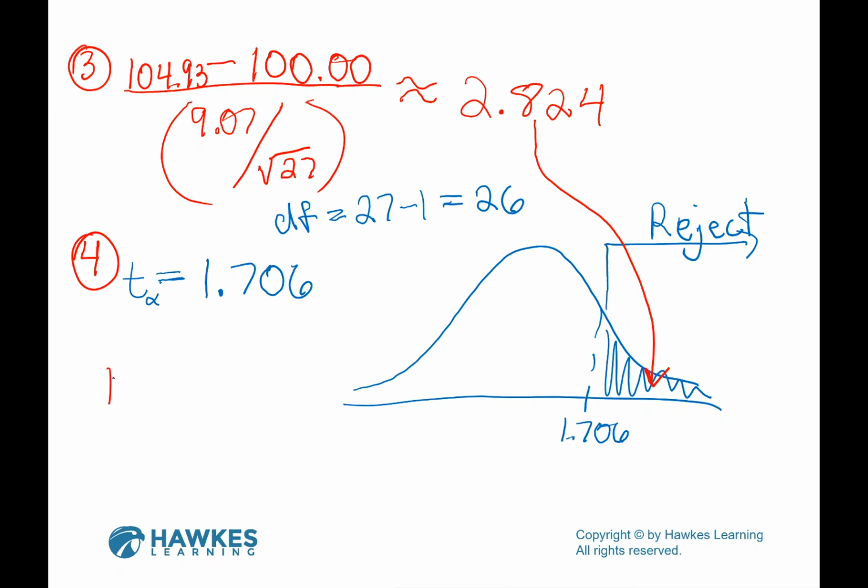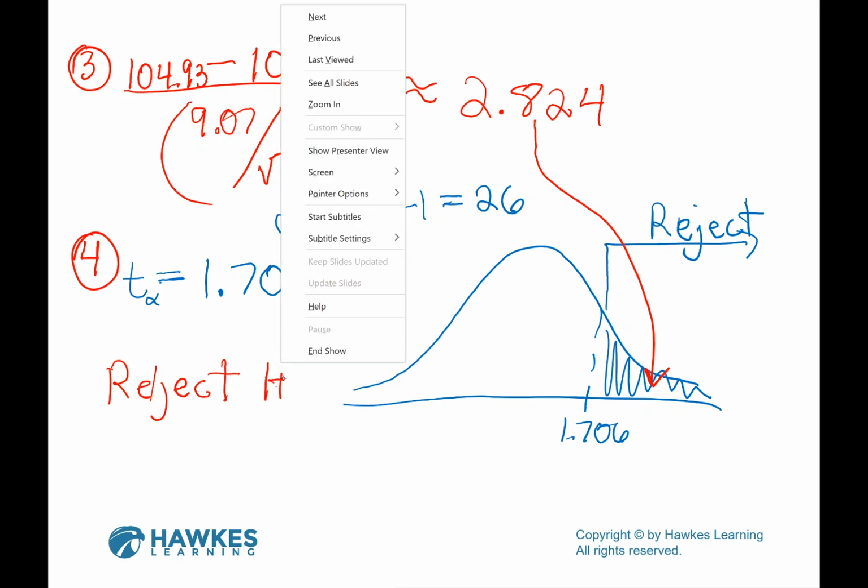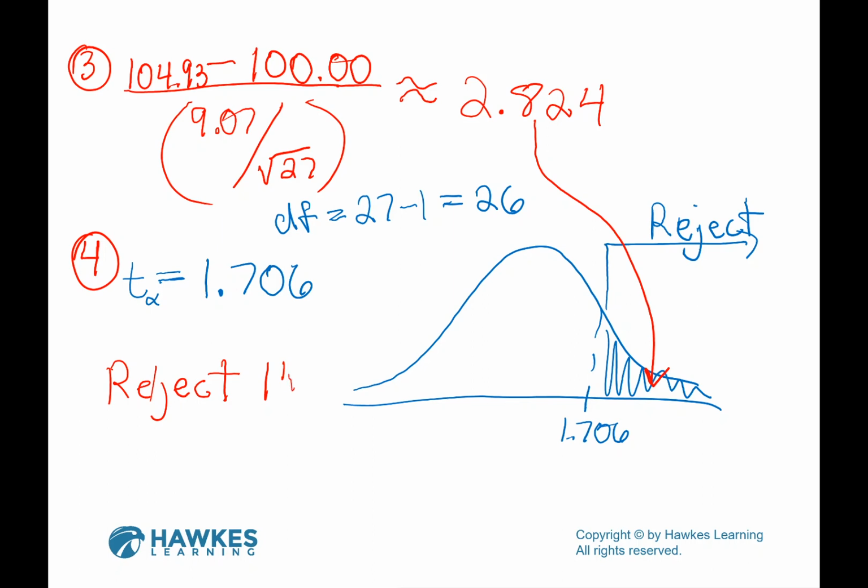So we reject the null hypothesis. Reject H0. Sorry, it's so ugly.